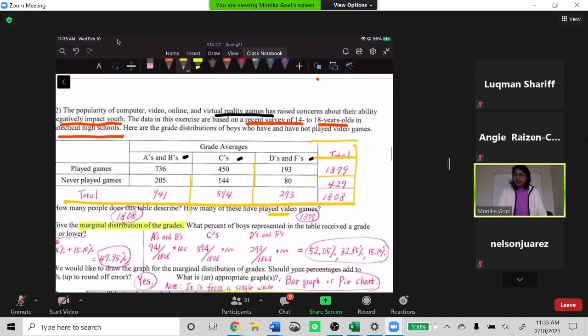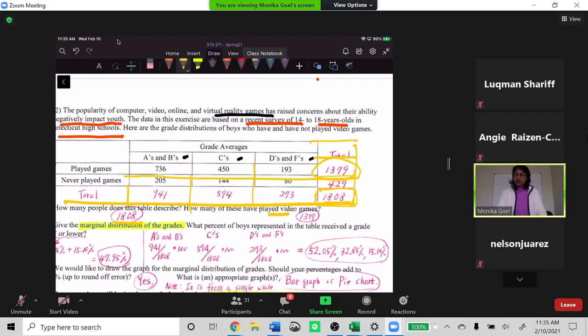Once you have a two-way table with the margins, you can find how many people were there altogether. Once you have the grand total, the sum of rows and sum of columns, you know how many players were there. And how many played games? Not a big deal. I created my extra row and extra column, and I can find all those answers.